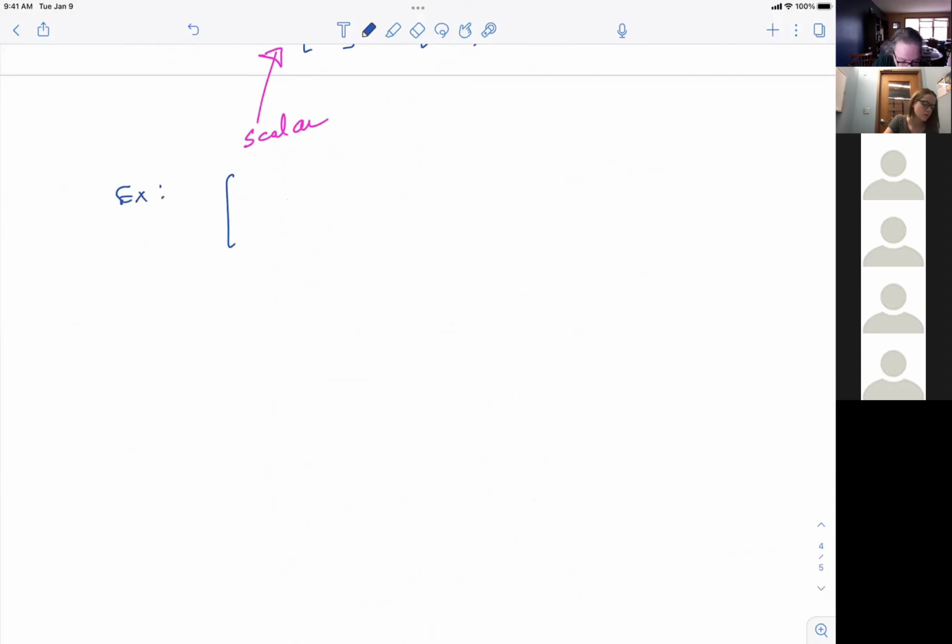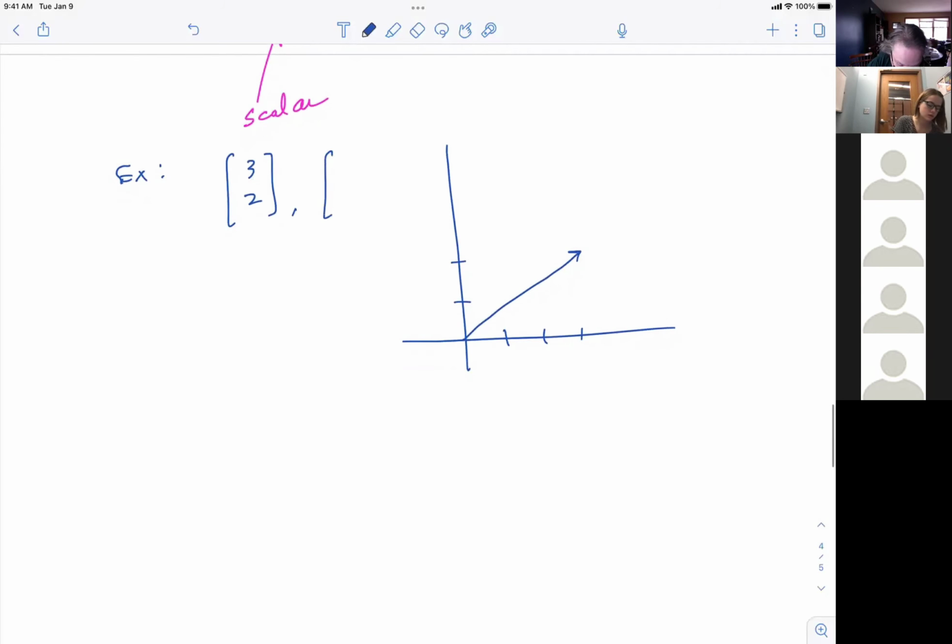Let's go back and take (3, 2), and let me draw that. Again, 1, 2, 3, 1, 2. That's that vector. Let's do another one. I'm going to stay in the first quadrant, so say (1, 4).